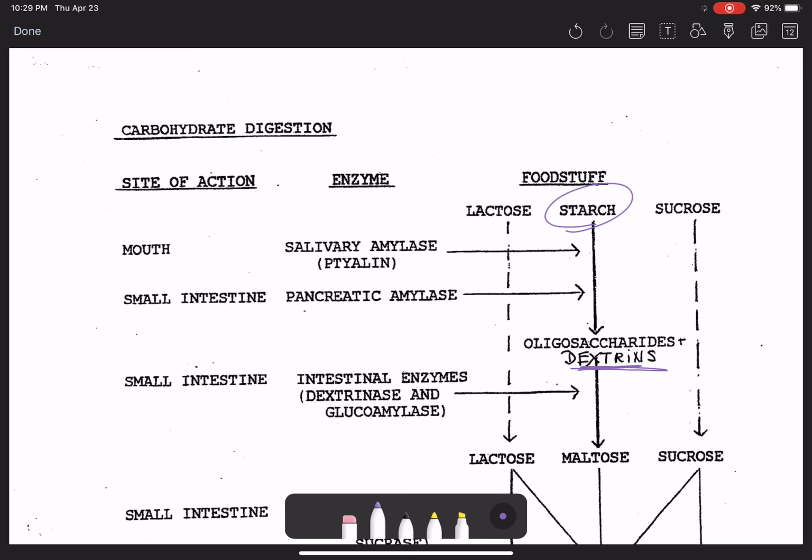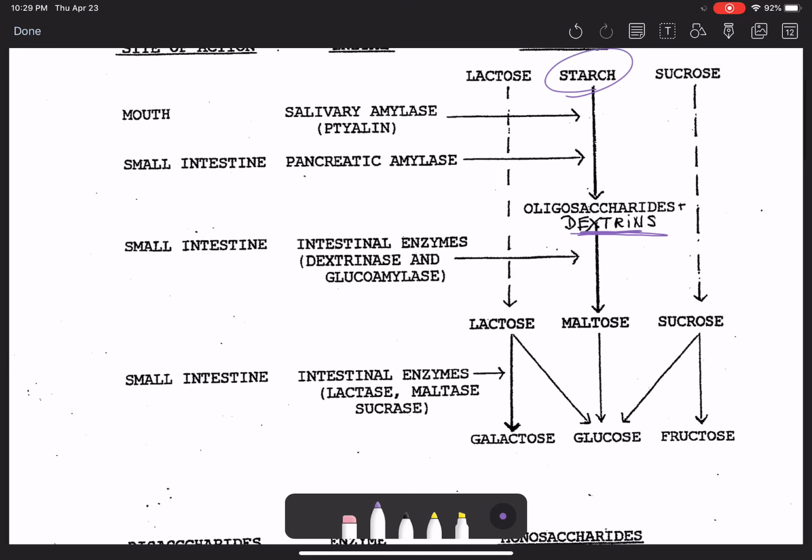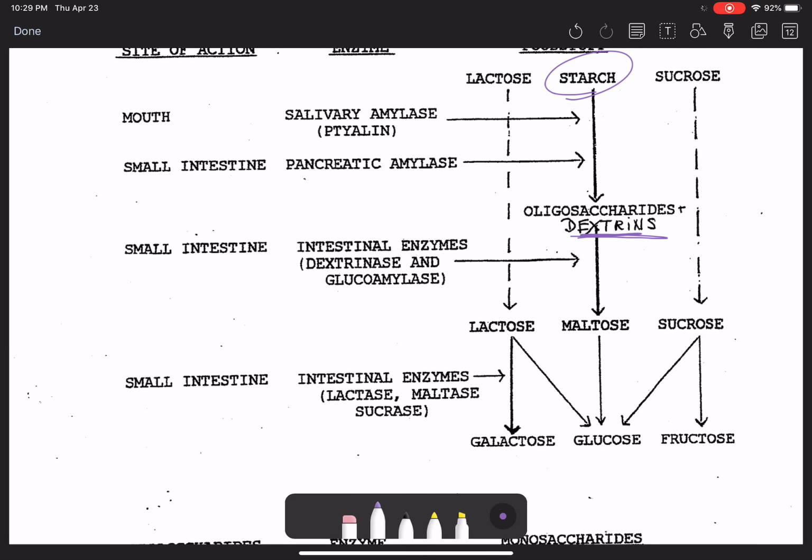So then what happens is we have intestinal enzymes that further break down the linkages between the glucose molecules until you finally get the disaccharide maltose.